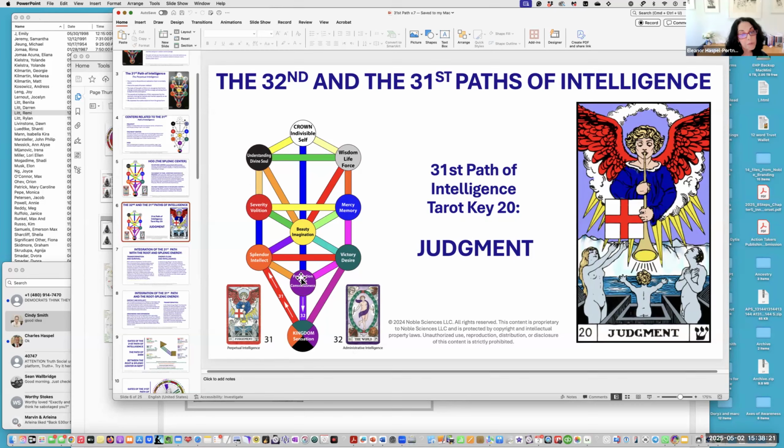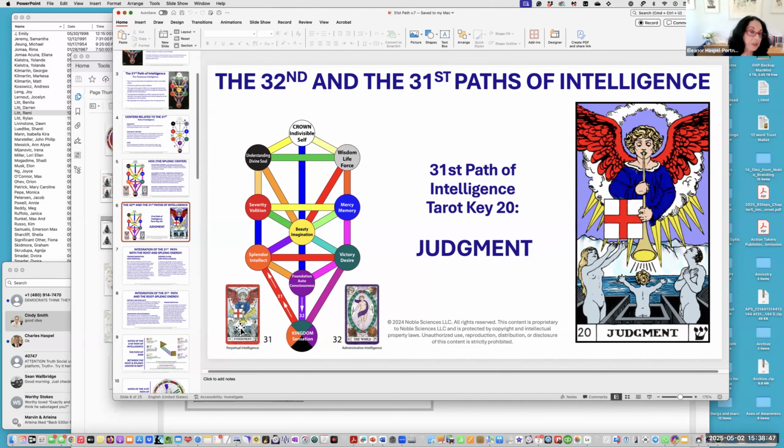So when we go from the sacral center through the 32nd path of administrative intelligence, what we're being shown is that we are incarnating in physical form to bring spirit into the world. Then when we go up the 31st path of intelligence, it's a path called the perpetual intelligence, and the physical form is left out of it.